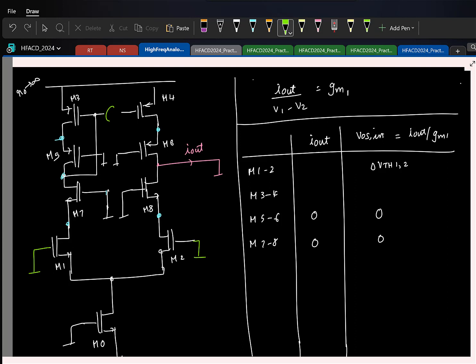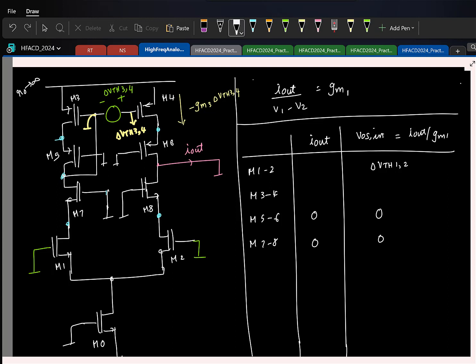You model the mismatch like this, delta VTH34. So once again, the way you look at it is, if delta VTH is 0, no current flows. This would have been at incremental 0. Now on top of this, this gate is at a voltage delta VTH34. So the incremental current here will be minus GM3, GM4 delta VTH34.